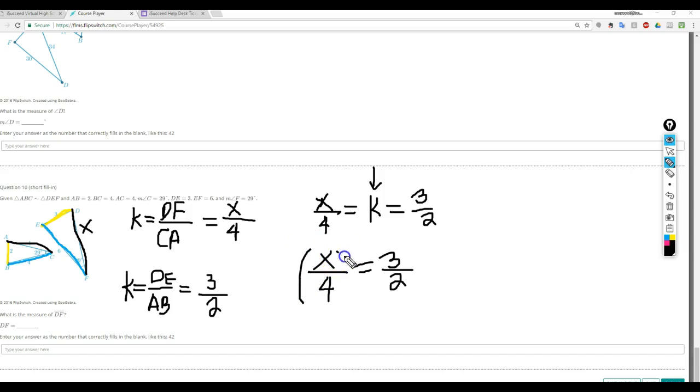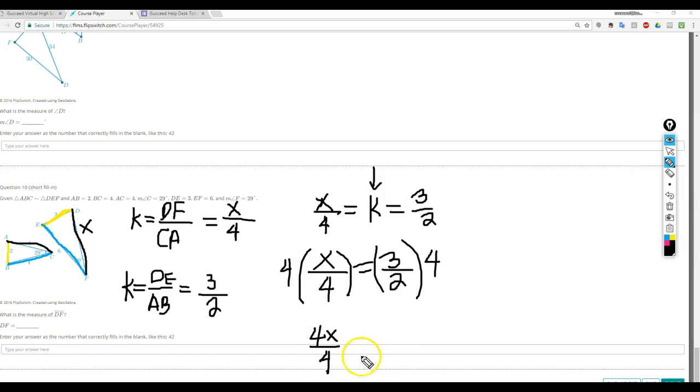I'm going to use the multiplication property of equality and multiply by 4 on both sides. Now 4 times x divided by 4, we always multiply our numerators, so we have 4x divided by 4.